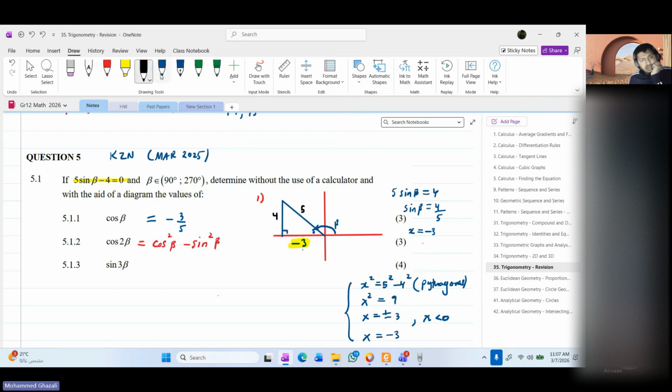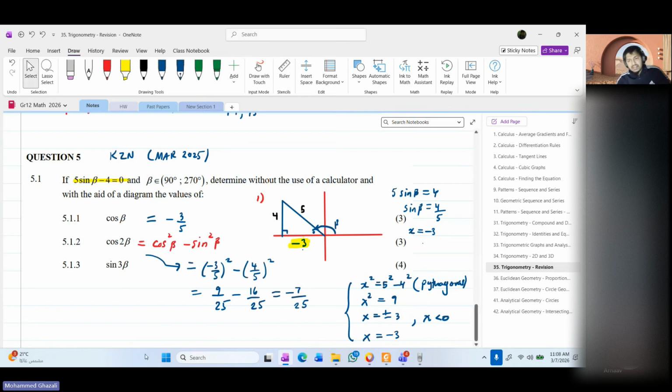Now, what is cos squared beta? Cos is -3 over 5. And what is sine beta? 4 over 5. So I've got 9 over 25 minus 16 over 25, and 9 minus 16 is -7 over 25.